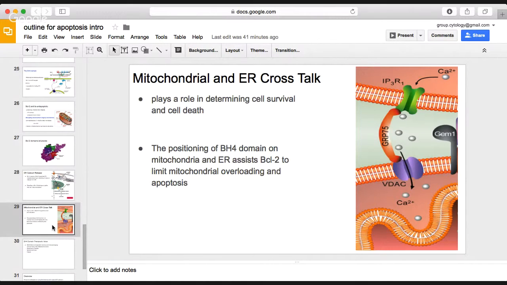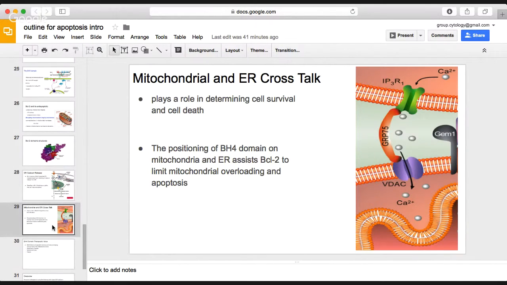The voltage-dependent anion channel and the IP3 receptor transfer calcium, making the endoplasmic reticulum and mitochondrial crosstalk strong. However, BCL2 can inhibit mitochondrial calcium overloading and apoptosis by the positioning of the BH4 domain at the endoplasmic reticulum to limit the IP3 channel opening, and another BH4 domain at the mitochondria to regulate the voltage-dependent anion channel.